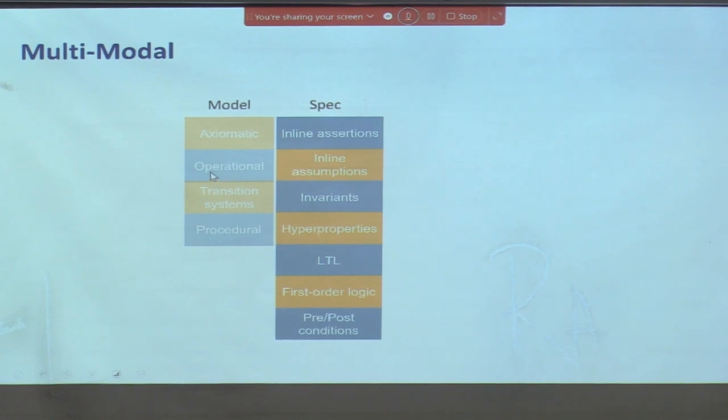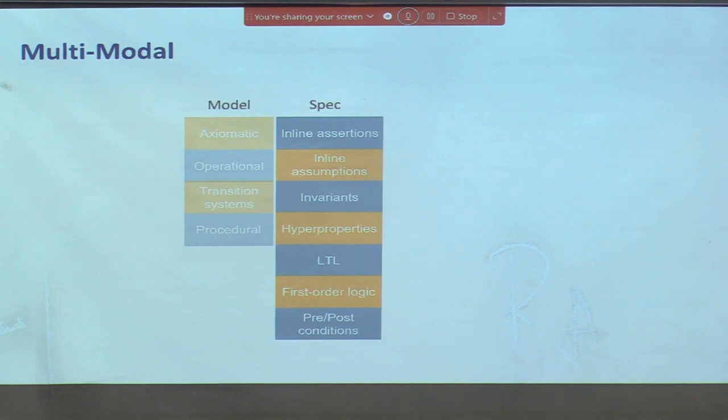So for example, if you look at model checking algorithms like property directed reachability, PDR, those algorithms are typically only defined over operational models. You have a transition system and you take updates and so on.